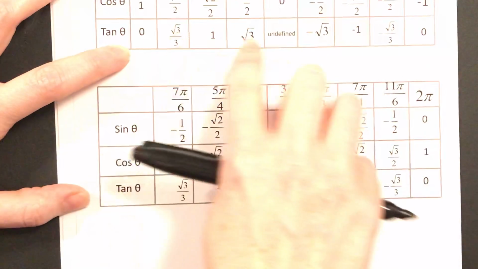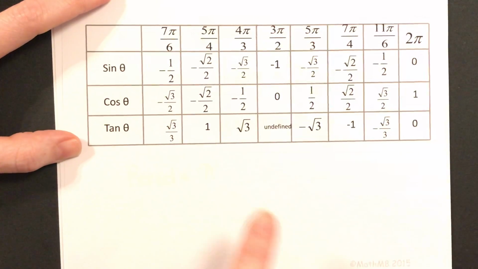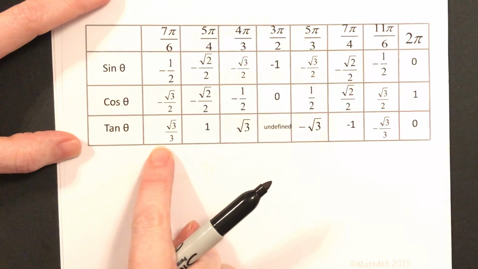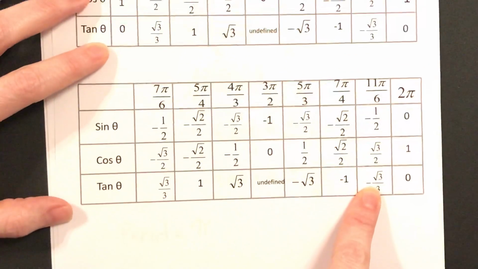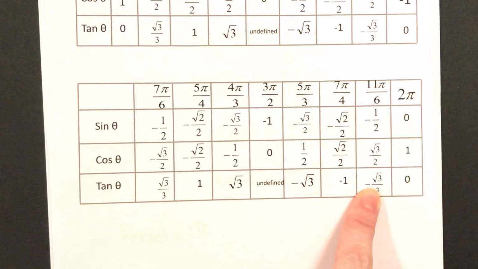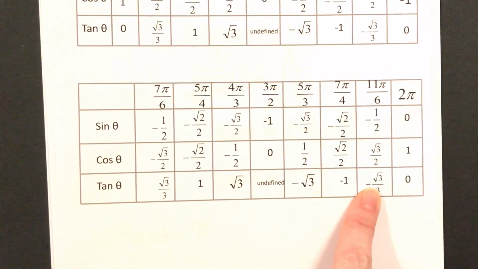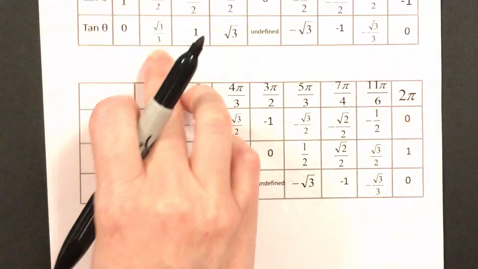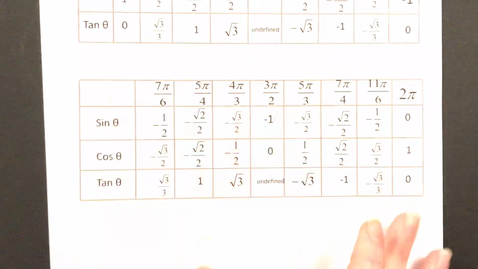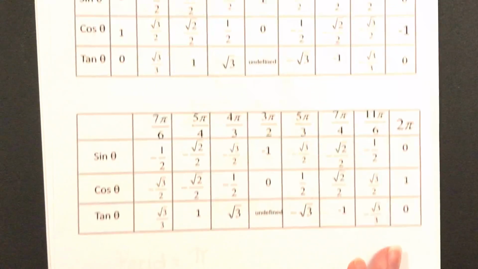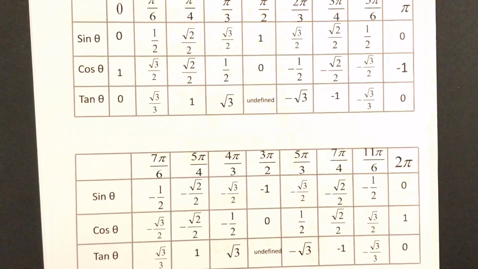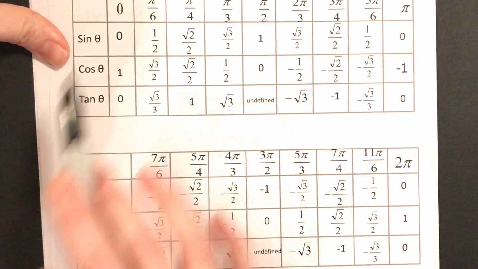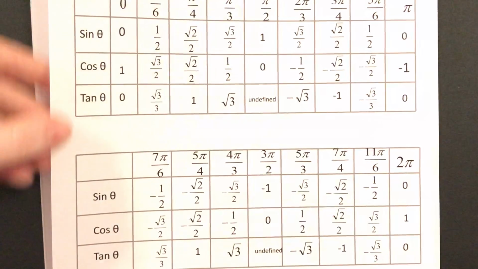Here's your pattern. It's the exact same pattern from pi to 2 pi. It's exactly the same. So the period length is only pi. You could add pi to any one of these numbers and you'd get back to the same point. Whereas sine and cosine, it's not the same. It's changing. It's different here and here. So you have to go through the whole 2 pi to get all your options.